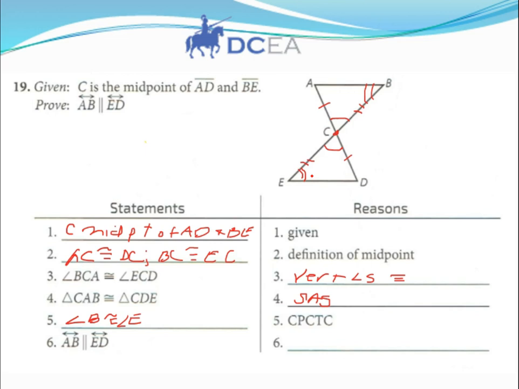We could also have named angle A and angle D. We can now prove that AB is parallel to ED because of alternate interior angles. These angles B and E are inside of parallel lines, and BE is your transversal.